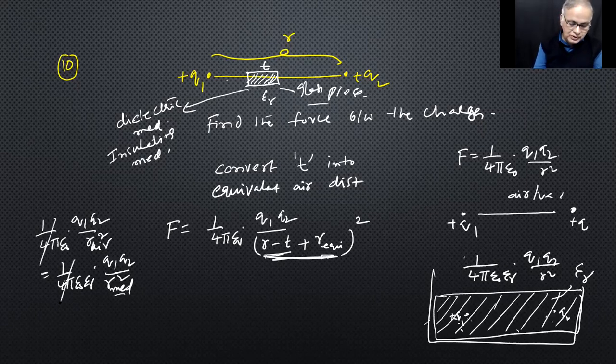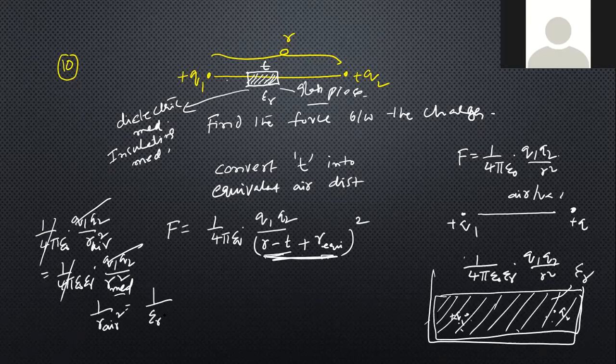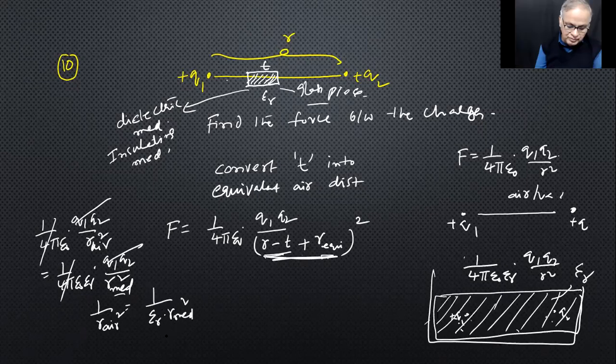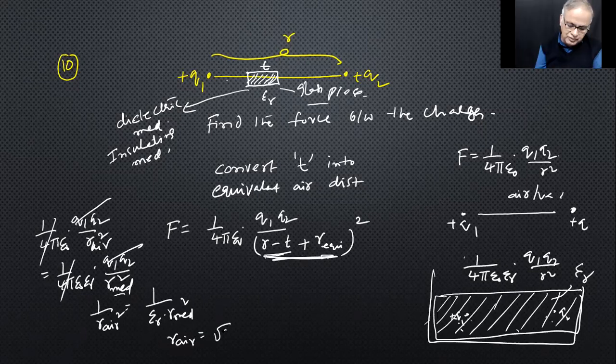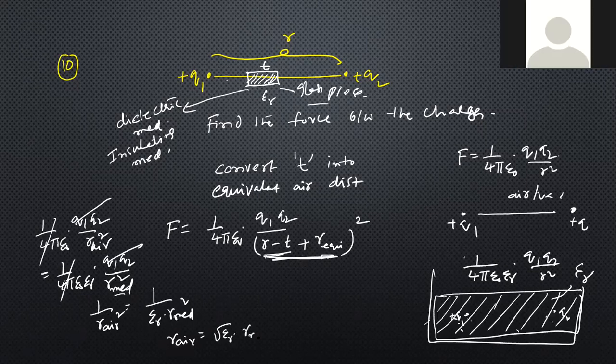So this will cancel, this will cancel. What do I get? 1 by R air square equals 1 by epsilon R into R medium square. So R air equals root of epsilon R into R medium.